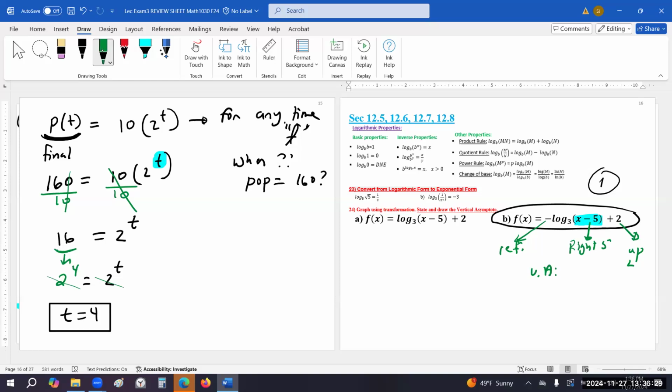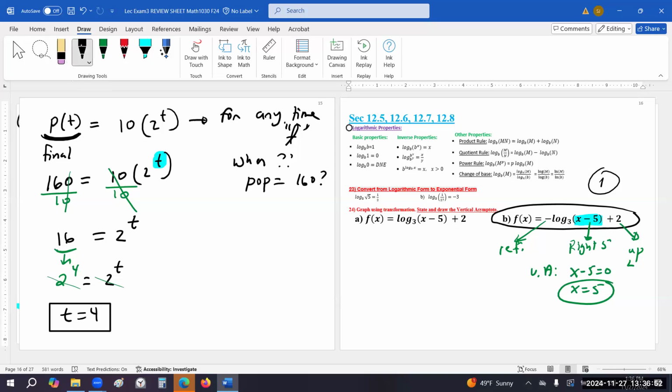Because our x is not alone, the number is next to it, so we want to get it alone. We set it equal to 0, and y is the same.